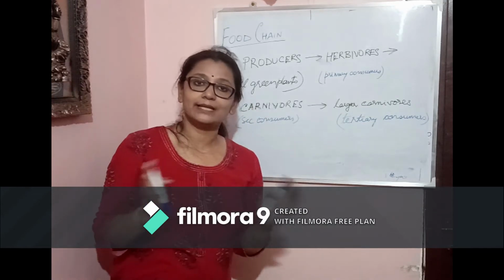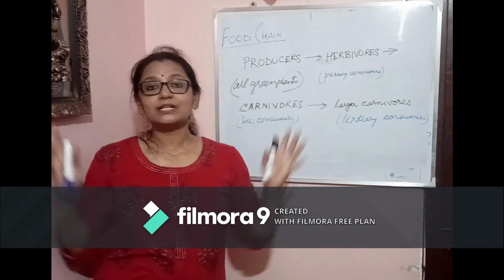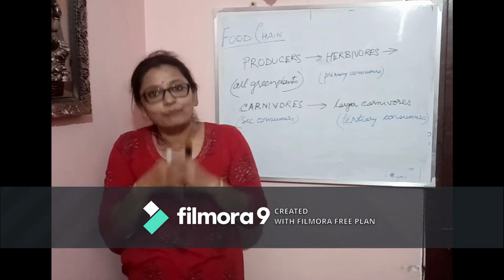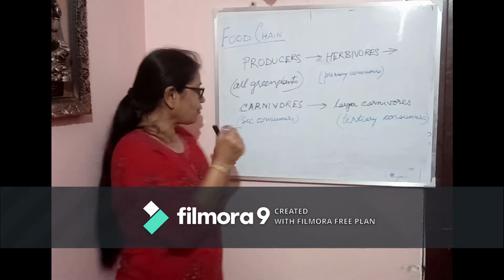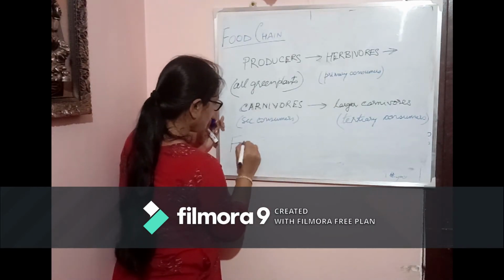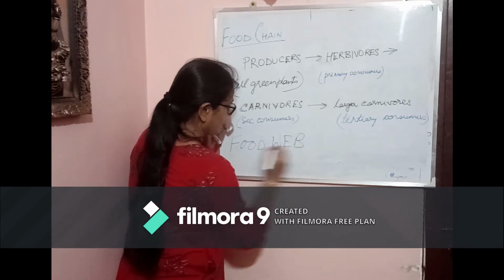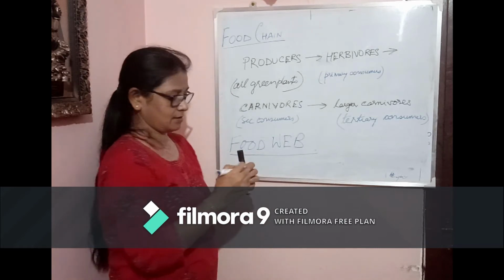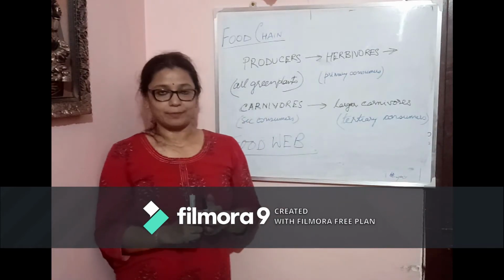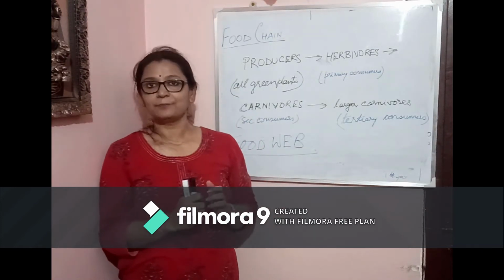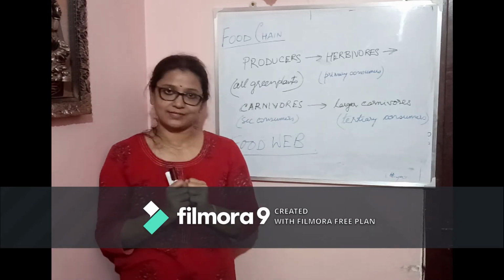Now, in our nature, there are several food chains which are connected together and they form a web. That forms a food web. How is this happening? Say, for example, a rat feeding on grains.